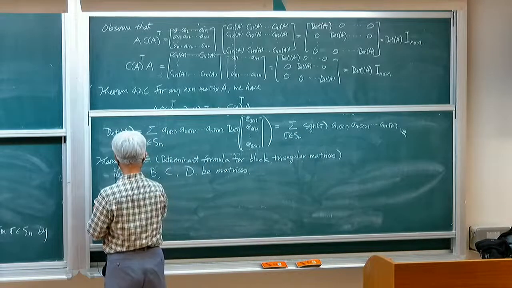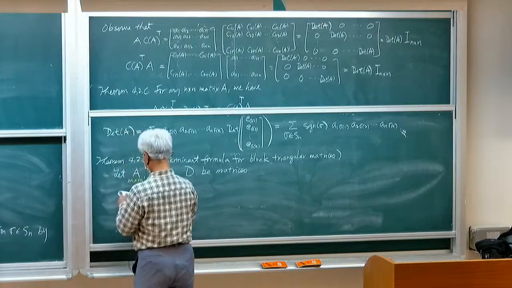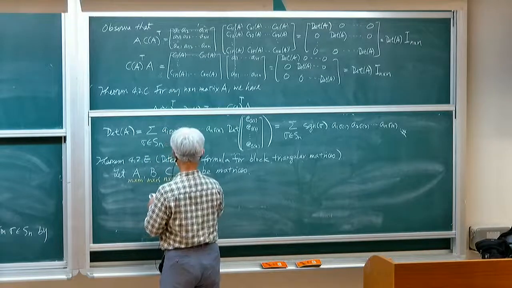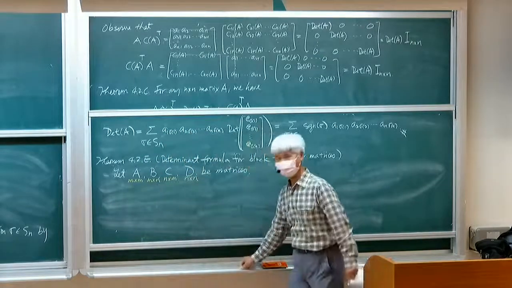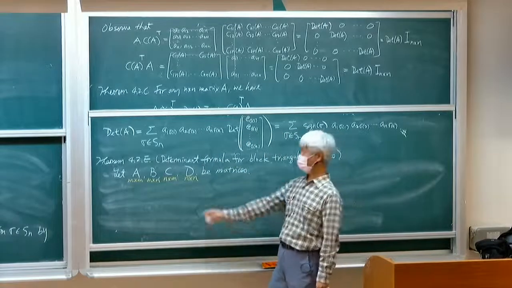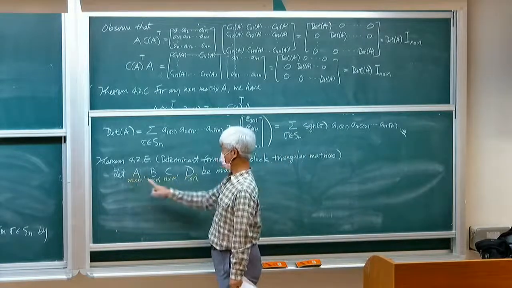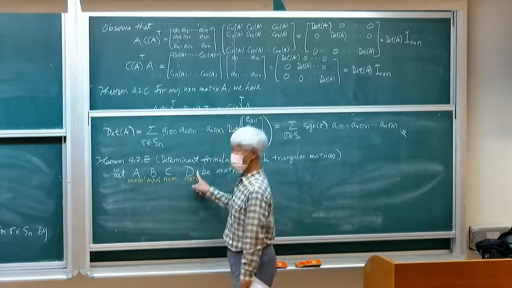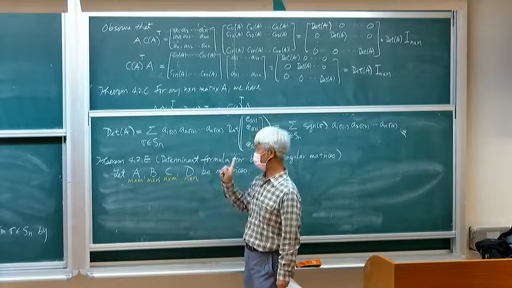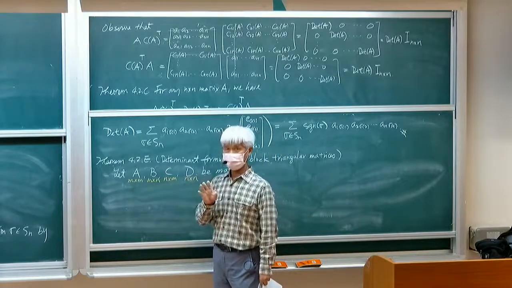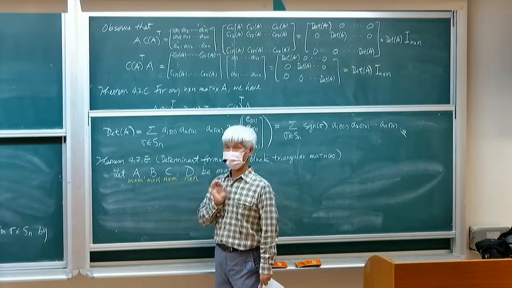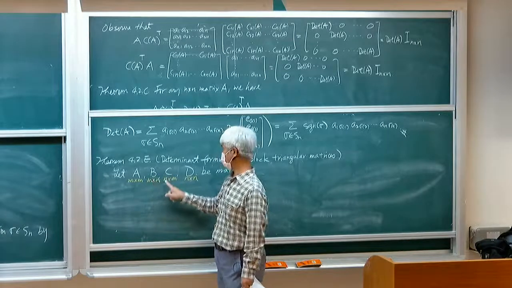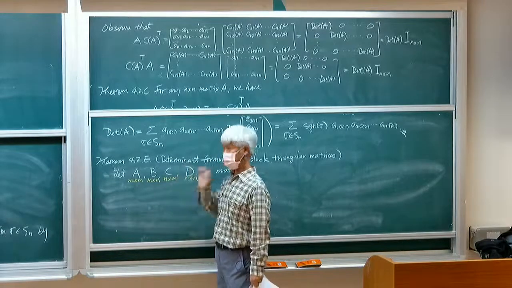A is m times m, B is m times n, C is n times m, D is n times n. So don't be confused. A is a square matrix, m times m. D is a square matrix, n times n. But B and C are in general rectangular matrices when m is not equal to n.